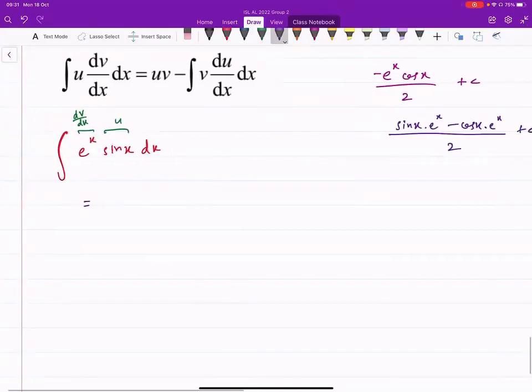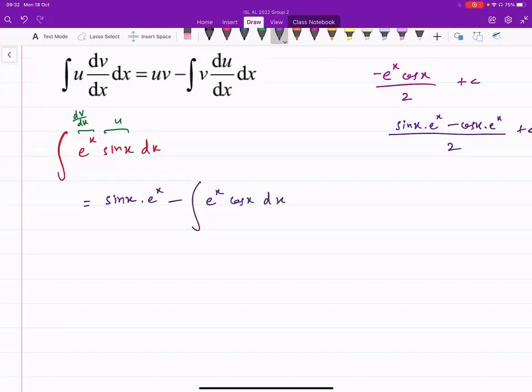Let's apply the formula and we'll see which is correct. Applying integration by parts: u into v. What's u? sin x. What's v? The integral of e raised to power x, which is e raised to power x, minus the integral of v, which is again e raised to power x, into the derivative of sin x, that's cos x dx.